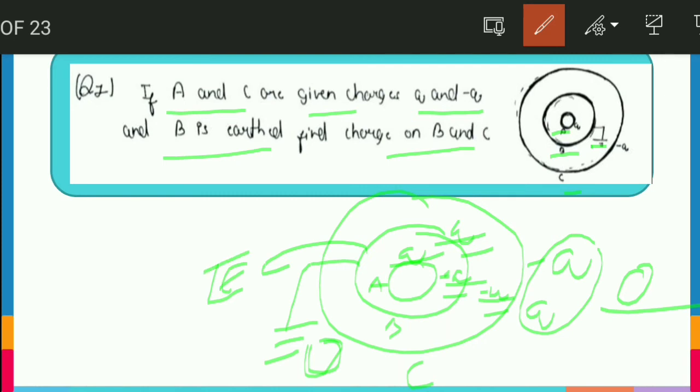So let's first find the excess potential, V excess. From the figure, this distance is a, this distance is b, and this distance is c. That means the radius of the first shell is small a, the radius of the second shell is small b, and the radius of the third shell is small c.